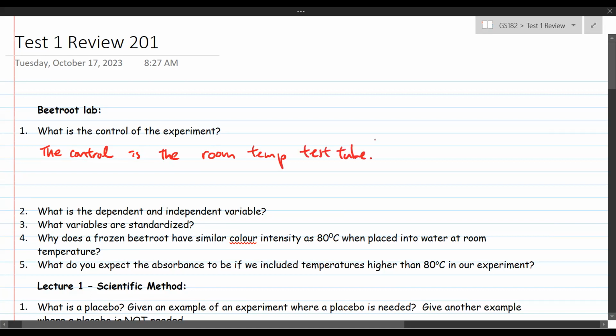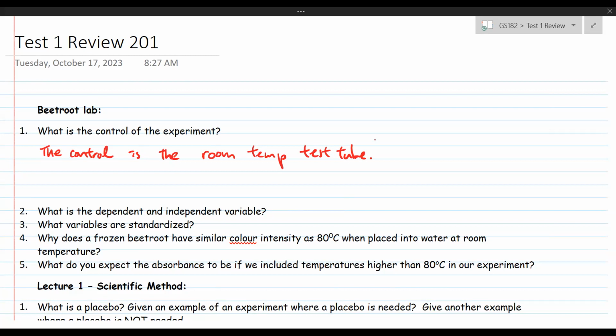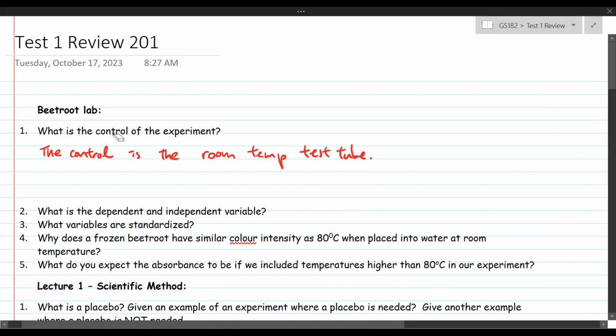Many of you got this, but some of you said the 0-degree temperature, or some other ones. The control is the one that you do not change, you do not manipulate. There's no treatment or modification done to it. So the room temperature test tube is the control.